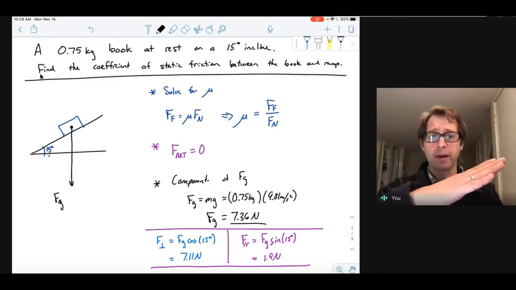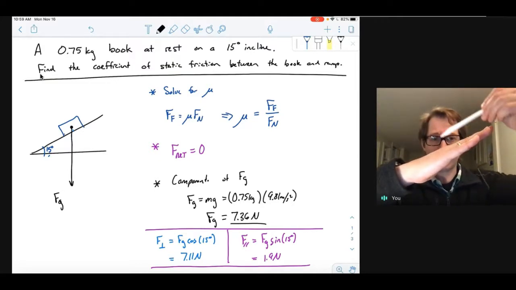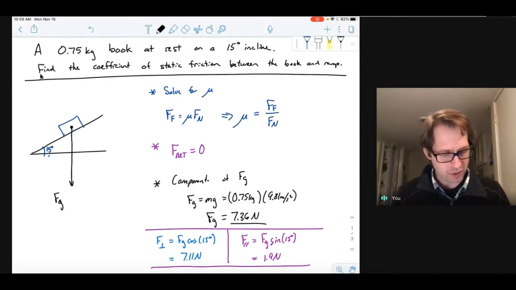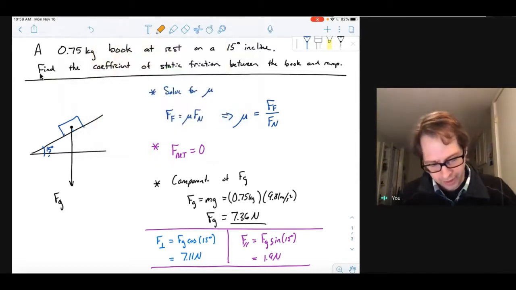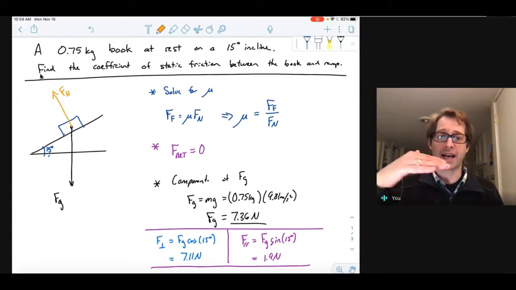However, on a ramp, now the weight force or the gravitational force is still directed straight downwards, but the normal force is going to be perpendicular to that surface. So I'm going to draw that in here as my free body diagram indicates. The normal force is still perpendicular to the surface, however, it's not the same as the weight.